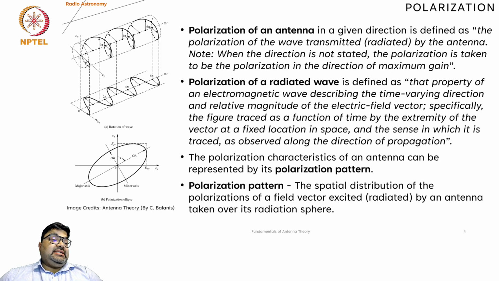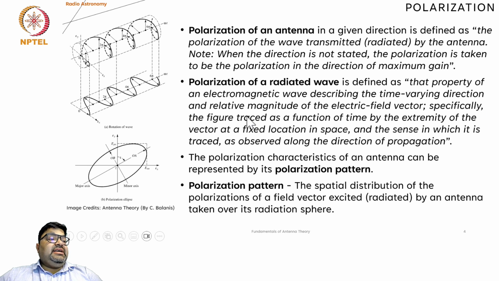So the next thing is polarization. Polarization of an antenna in a given direction is defined as the polarization of the wave transmitted or radiated by the antenna. Polarization of a radiated wave is defined as a property of the electromagnetic wave describing the time varying direction and relative magnitude of the electric field vector.